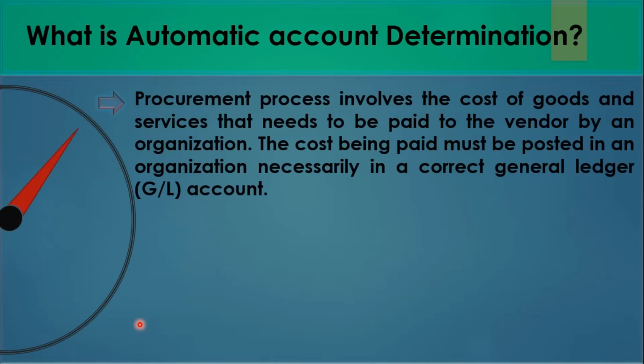So we know that the procurement process involves various costs of goods or services or both that need to be paid to the appropriate vendor by a particular company or organization. The cost being paid must be posted in the appropriate general ledger account.